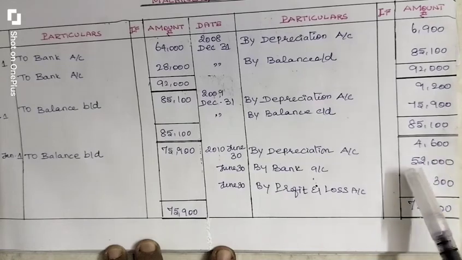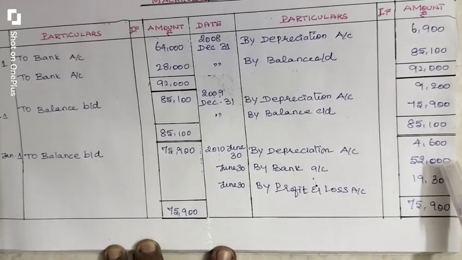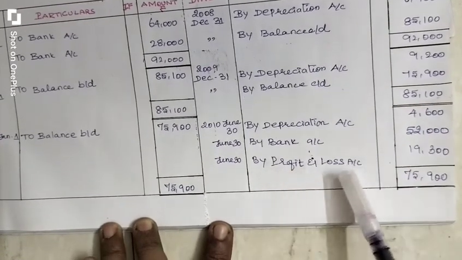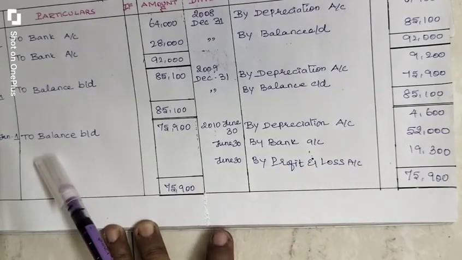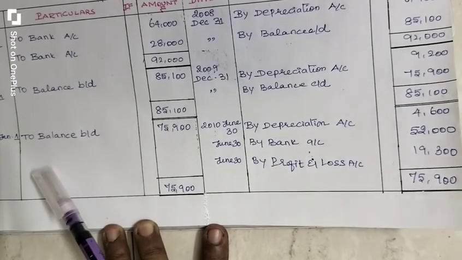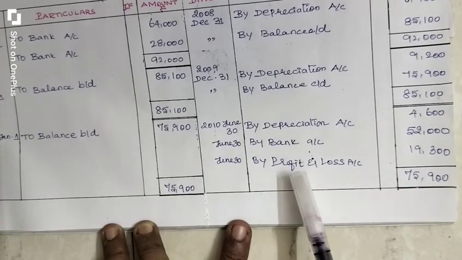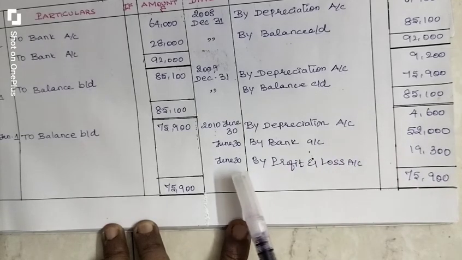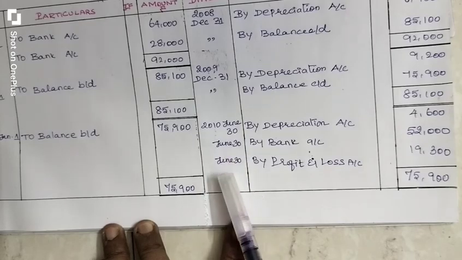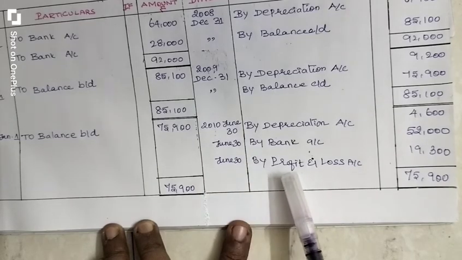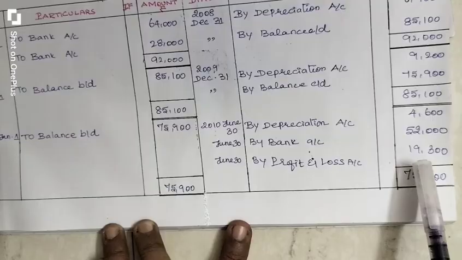We entered here. Okay, then you have to write the profit and loss account here. When you get a loss, you have to enter it on the debit side. Whenever you get a profit from the sale of an asset, you have to enter the profit on the credit side. Okay, so on the same date you have to enter here, June 30 by profit and loss account rupees 19,300, what you get.